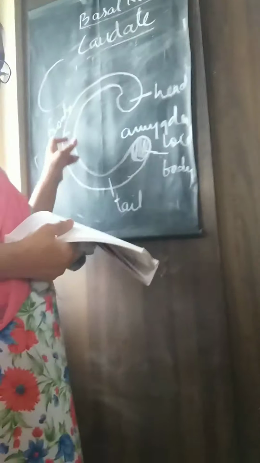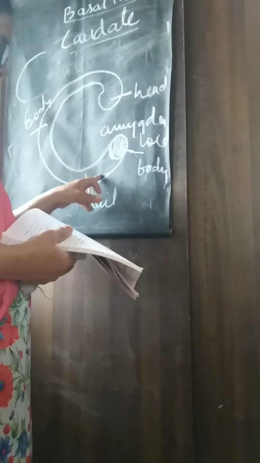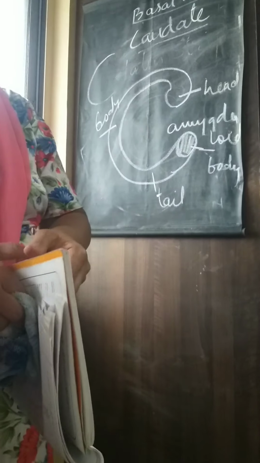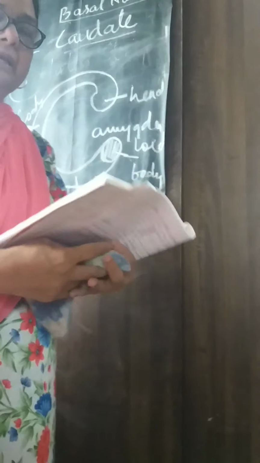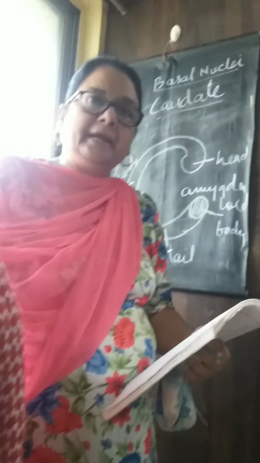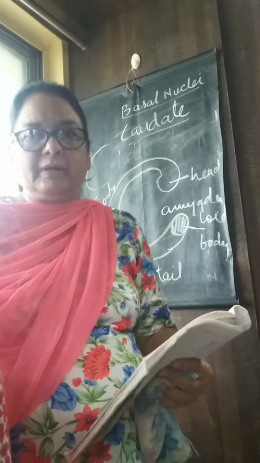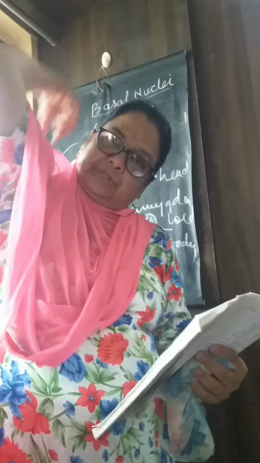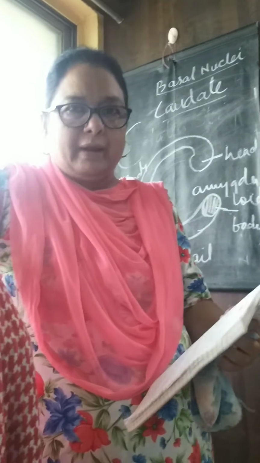The C-shaped caudate nucleus consists of head, body, tail, and the tail ends into a mass called the amygdaloid body. So to repeat again, the basal nuclei are the subcortical intracerebral masses of grey matter. The brain consists of two structures, the grey matter and the white matter.